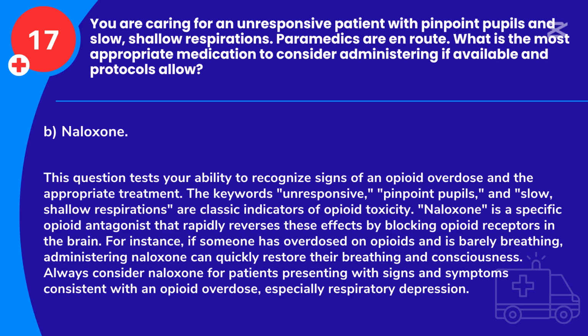Naloxone is a specific opioid antagonist that rapidly reverses these effects by blocking opioid receptors in the brain. For instance, if someone has overdosed on opioids and is barely breathing, administering naloxone can quickly restore their breathing and consciousness. Always consider naloxone for patients presenting with signs and symptoms consistent with an opioid overdose, especially respiratory depression.